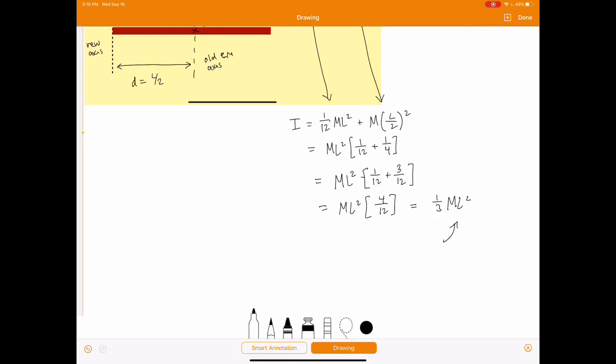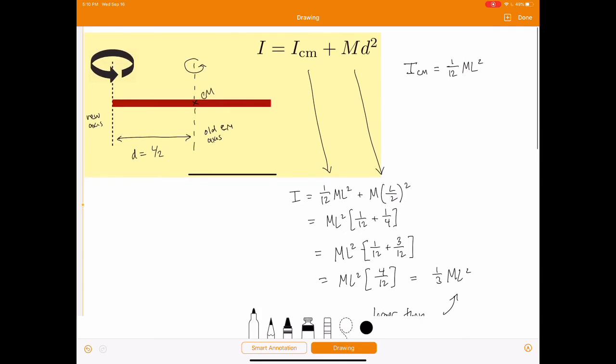Now notice how this is larger than before. That should make intuitive sense, because it's easier to rotate the object about its center. It's easier to rotate about this old axis compared to this new axis.